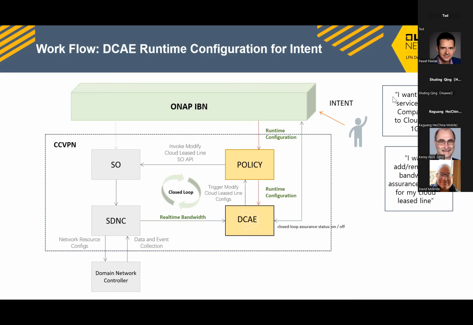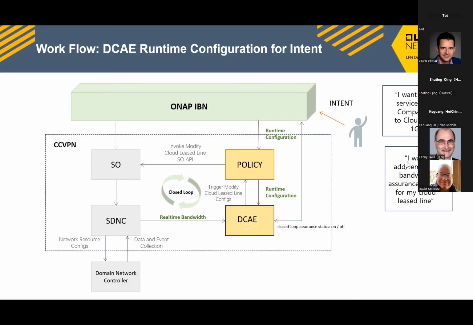Okay, now it's a human language, right? And this whole human language intent will be translated to the machine intent in our IBM system. And we will analyze it and find that it's a create CLL intent. We will just go this flow. We will call SO and SO will call SDNC to create the CLL service.